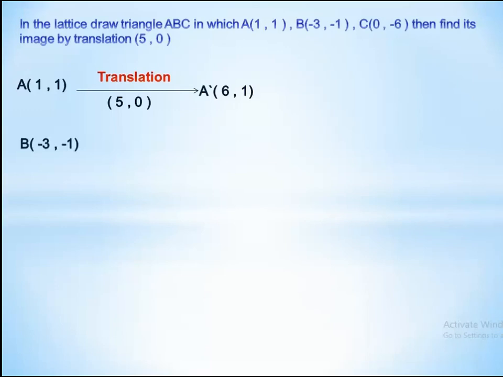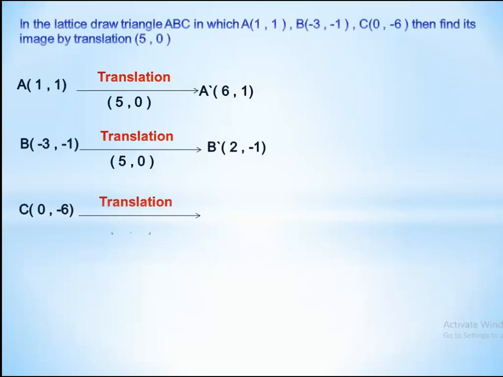B negative 3 and negative 1: negative 3 plus 5 is 2, and negative 1 plus 0 equals negative 1, so B dash is 2 and negative 1. C 0 and negative 6: C dash is 5 and negative 6.